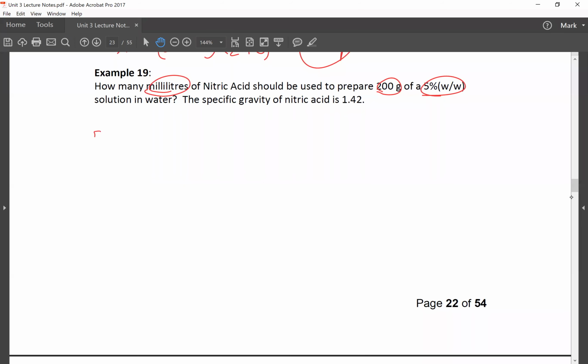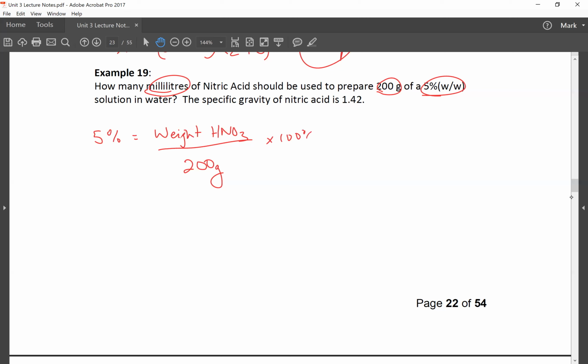So 5% solution is going to equal the weight of my nitric acid, which I'm going to call X. And I'm also going to call nitric acid HNO3. Don't worry, you do not need to know chemical formulas here, but I'm just going to call it HNO3 so I don't have to write nitric acid. We're preparing 200 grams.